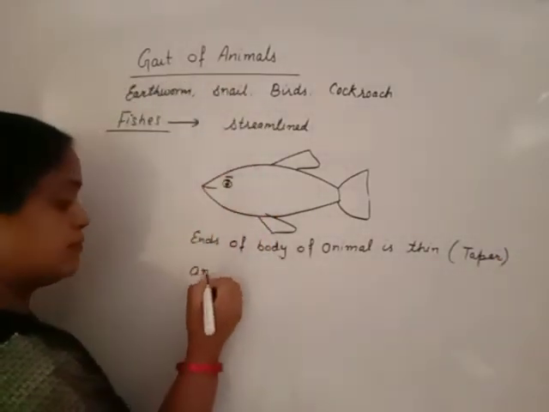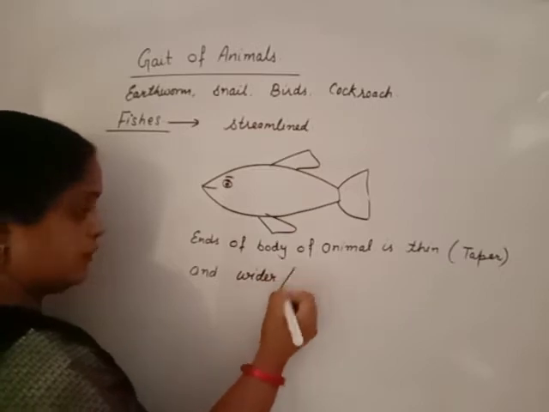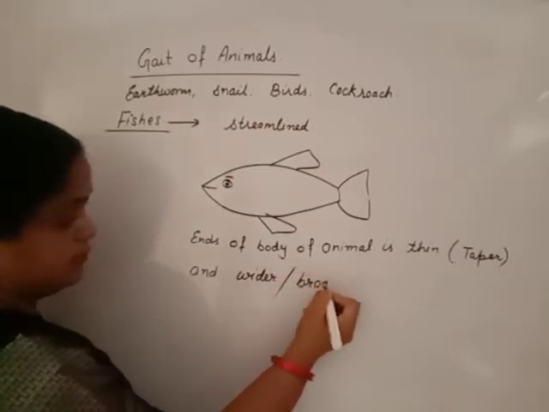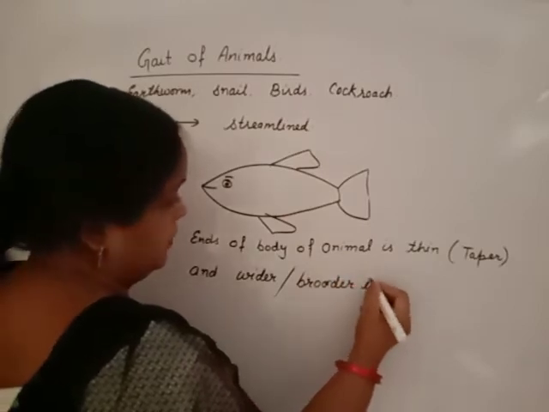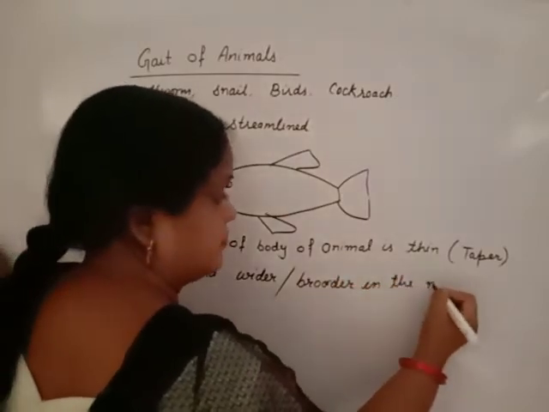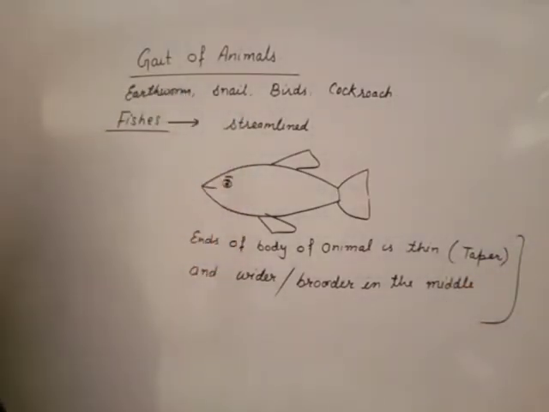And wider, or broader, in the middle. That type of body is known as a streamlined body.